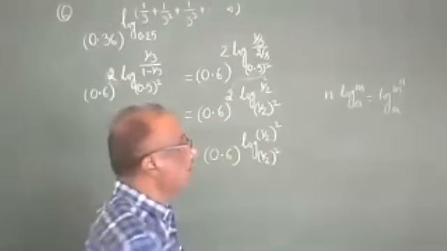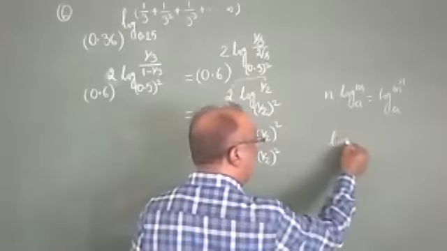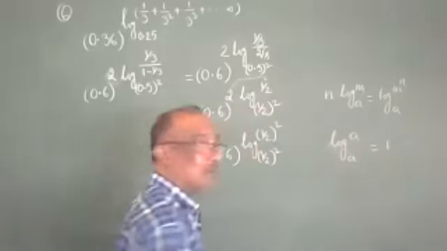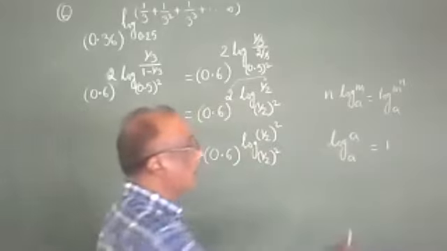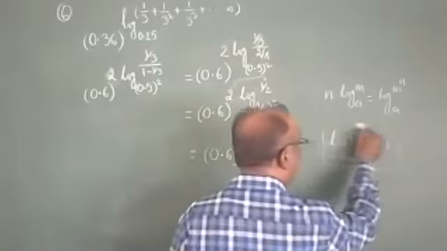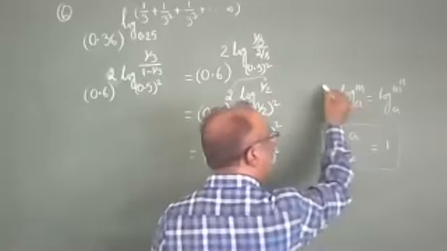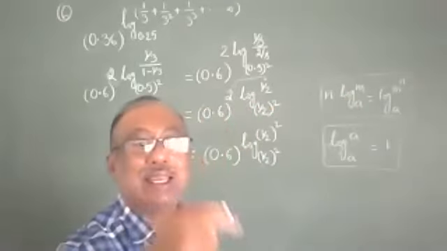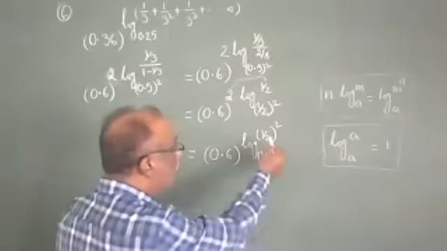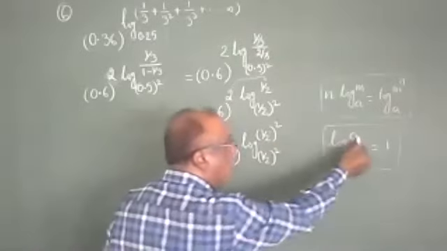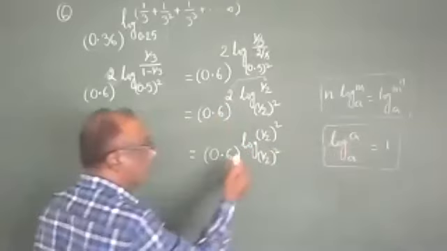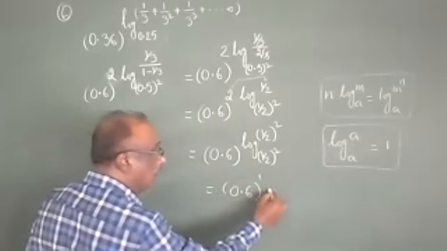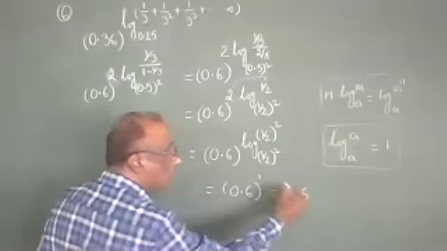Second one is logarithm of number and base both are equal, its value is 1. Now both are equal, its value is 1. Therefore 0.6 whole power of 1, its answer is 0.6.